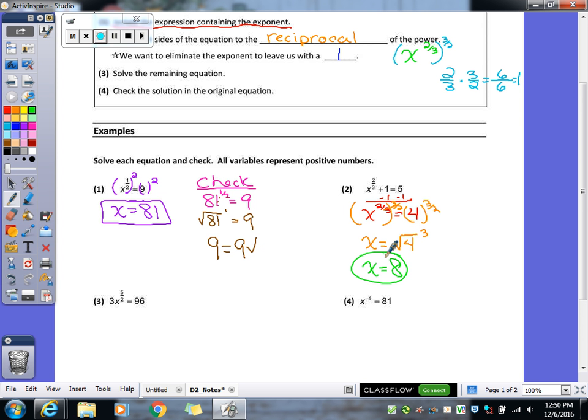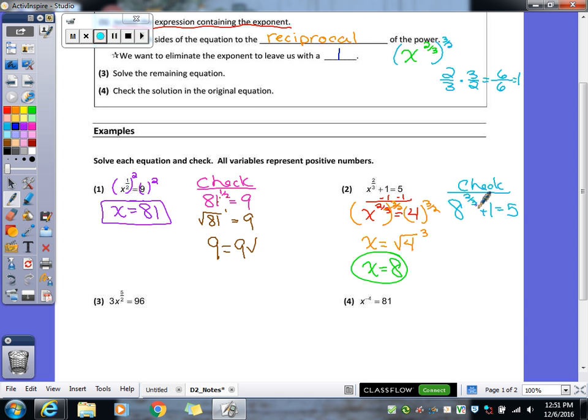So now we got to go and check our 8. Make sure we did it correctly. So we got to do 8 to the 2/3 plus 1. See if that gives us a 5. So how do we rewrite 8 to the 2/3? What's our root?